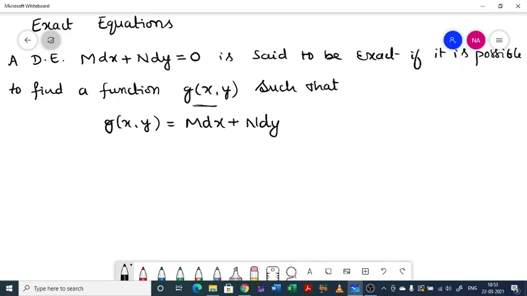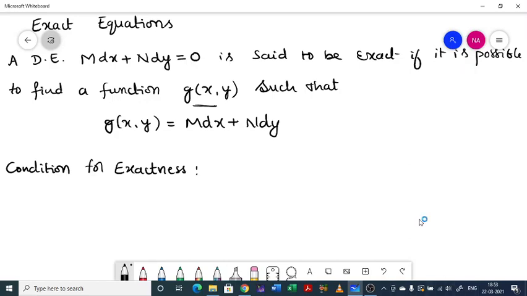This is actually the definition of exact equations, but every time we cannot use this definition to check whether the given differential equation is exact or not. So for that we prefer a condition that helps to check the nature of the given differential equation, the condition for exactness.